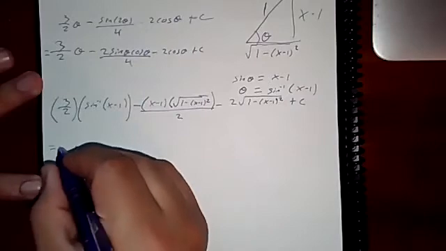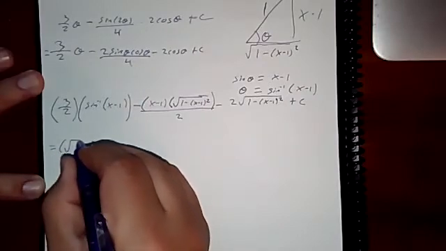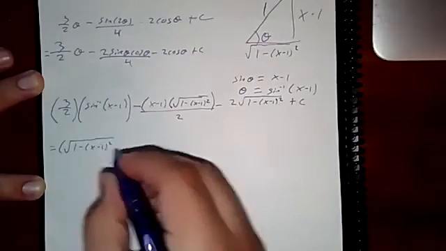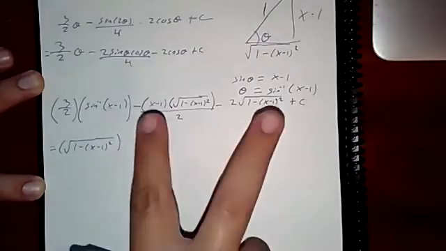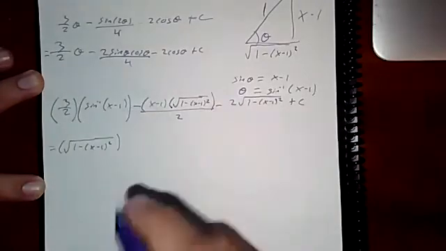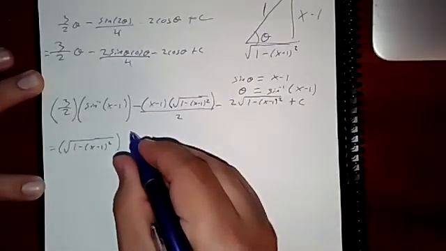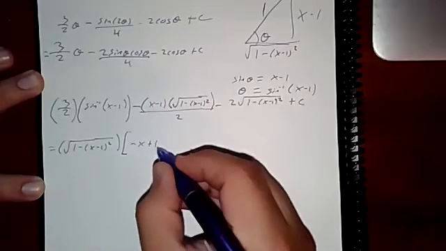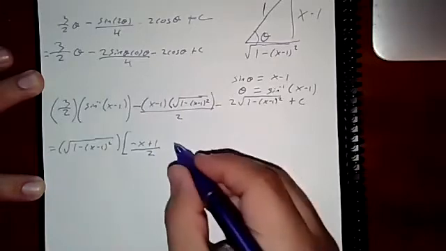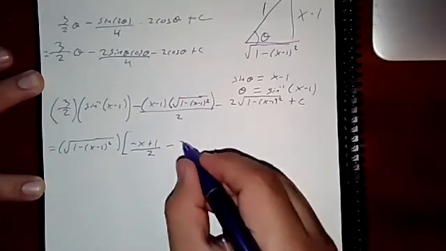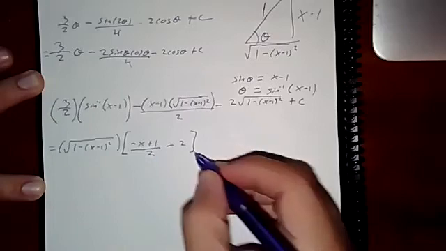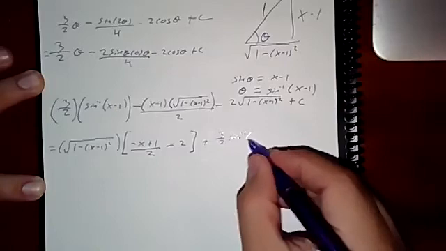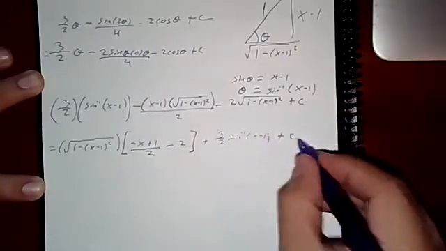So I'm going to factor the square root of 1 minus x minus 1 squared from both of these. That would leave me with negative x plus 1 over 2 minus 2 plus 3 halves times sine inverse of x minus 1 plus c.